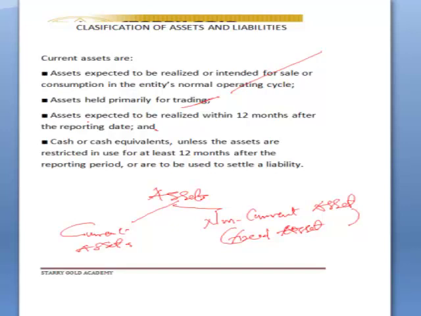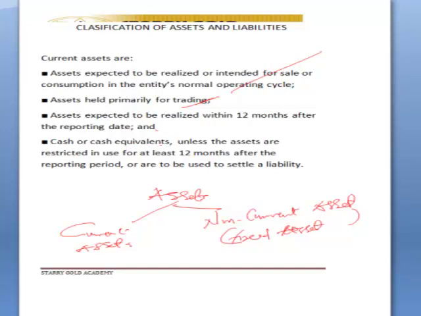For instance, your prepayment is part of it. The receivables, which we normally call debtors, are part of it. They are recoverable and realizable within 12 months after the reporting date.